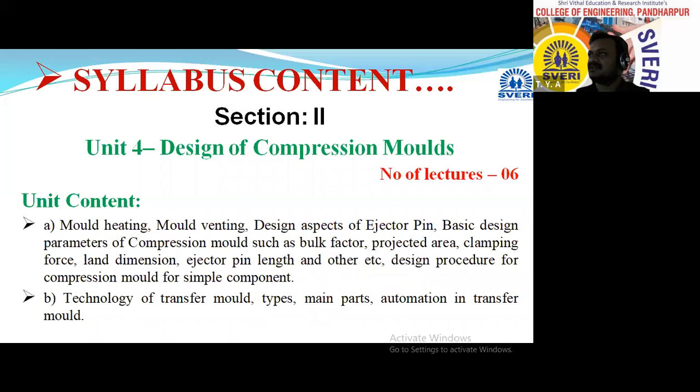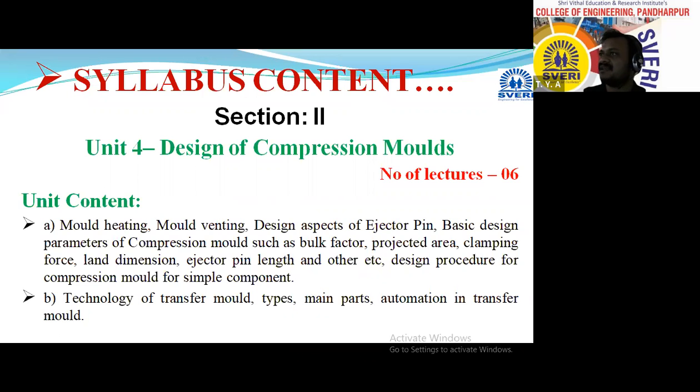Then in this chapter, they have also added the transfer molding process. This is one type of molding process they have added, and in this we are going to discuss its basic concept, then different types of transfer molding process. Then the main parts of whichever mold we are using, and how we can provide automation in the transfer molding process.